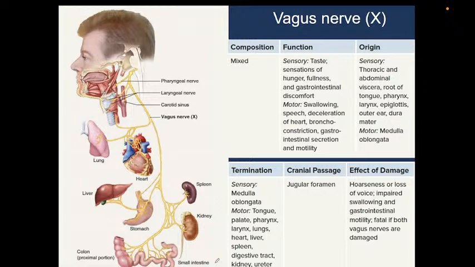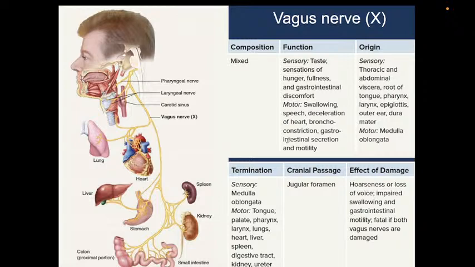This nerve is mixed and it contains sensory, motor and parasympathetic fibers. The vagus nerve arises immediately inferior to the glossopharyngeal nerve, and as its name suggests, vagus means wanderer.